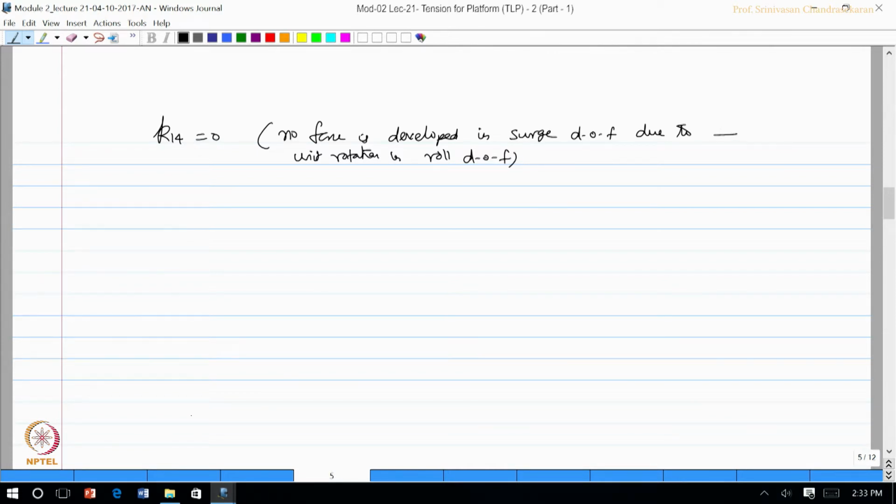This is equation number 5. K 2 4 will also be 0 because no force is developed in sway degree due to unit rotation in roll degree.